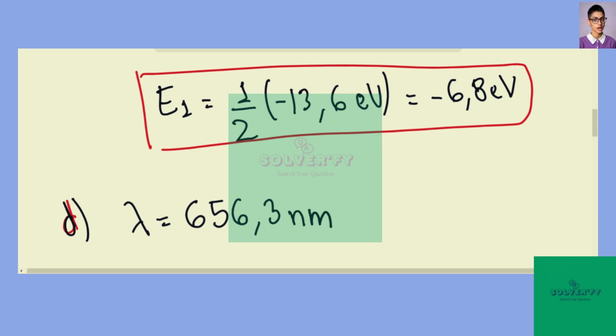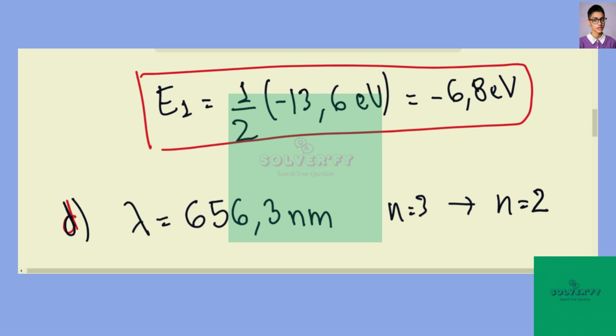This is for the transition from n equals 3 to n equals 2. So we're passing from the state n equals 3 to n equals 2.